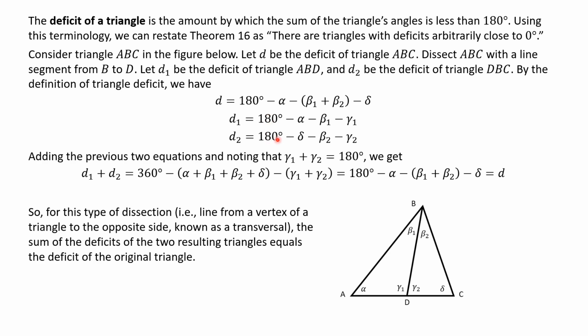We add these two quantities together, keep the two gammas together because we know they're 180, and subtract that, and the result is the same as the deficit for the overall larger triangle. So in general, if you take a triangle and do a dissection from a vertex to an opposite side, the sum of the deficits for the two smaller triangles equals the deficit of the larger triangle.